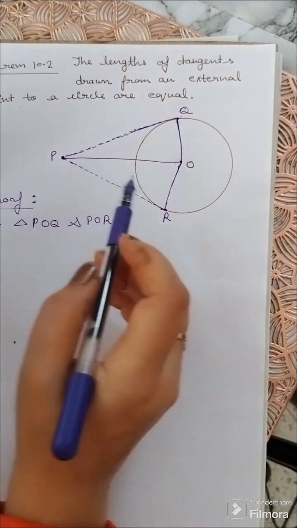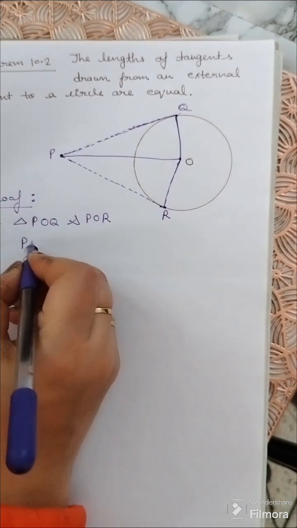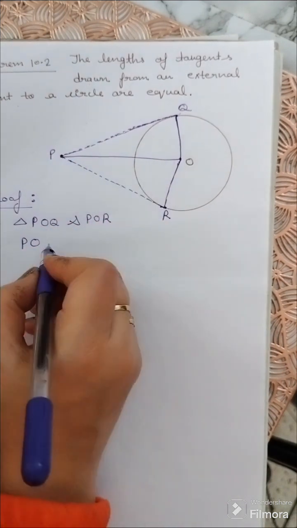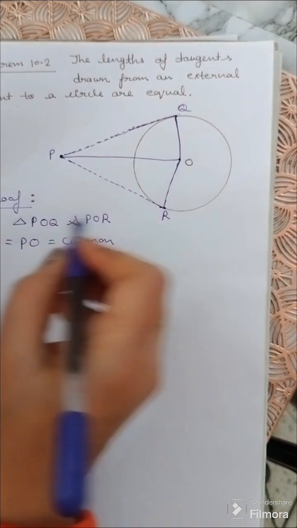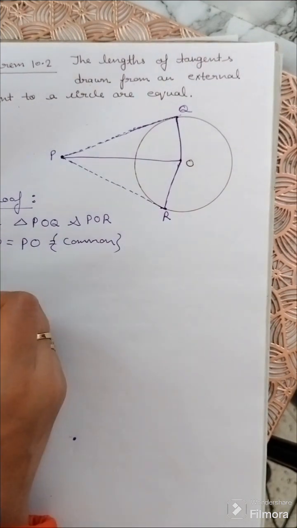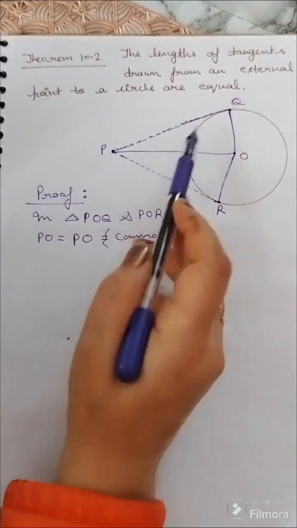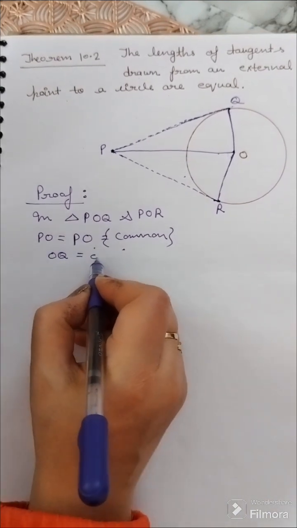Now we'll take these two triangles. In both the triangles you can see that this PO is common, right? So in these two triangles PO is equal to PO because it is common, and OQ is equal to OR.